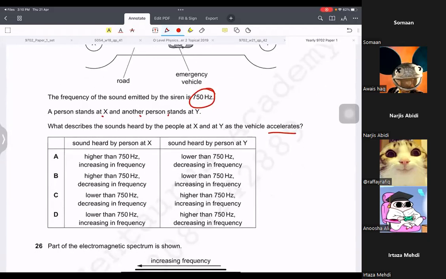So it will be decreasing frequency as well, it's not just the same, and increasing frequency. This should be the answer, because as the acceleration is there, the more the velocity of the vehicle is, the greater the apparent frequency is going to be.